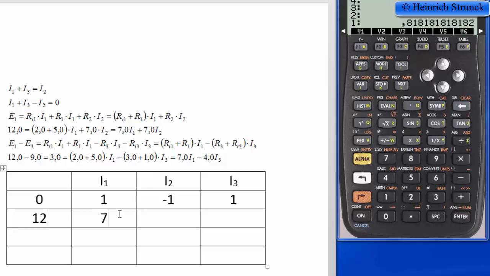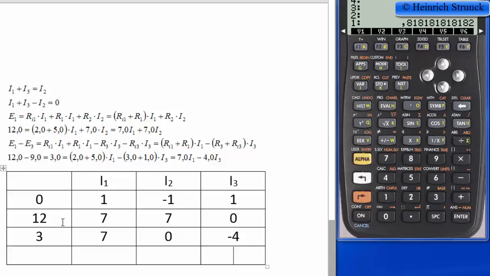So here we have to put in 7 and 7 and 0 for I3. The last equation, we have the result is 3, and we got 3 if we take 7 I1 and negative 4 I3. So that gives 0 I2 and negative 4.